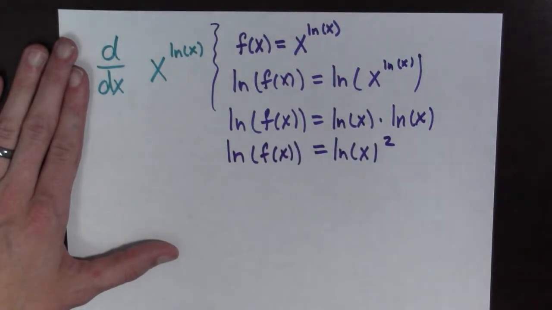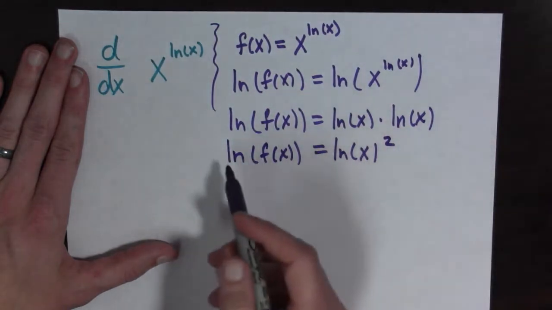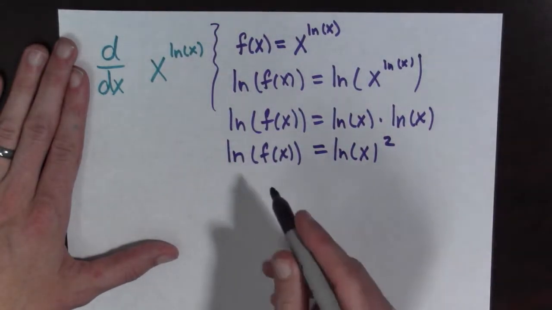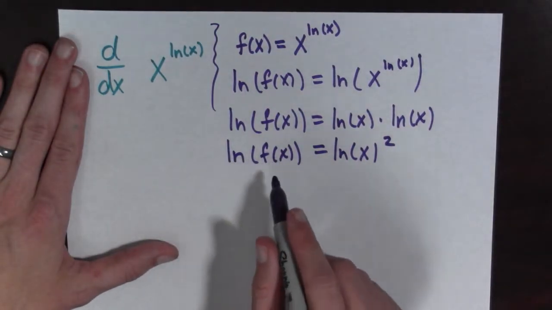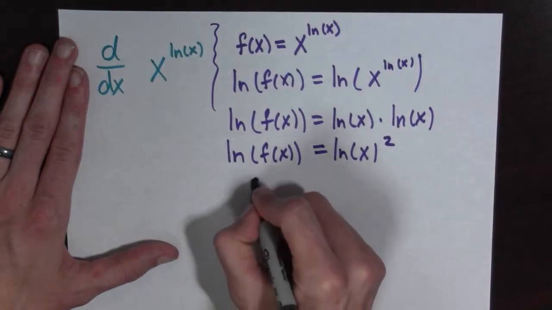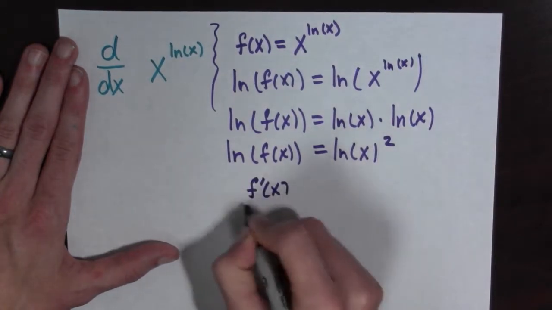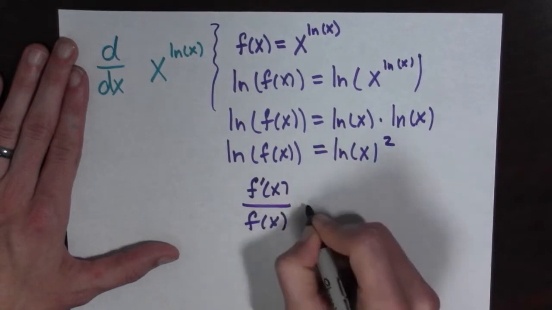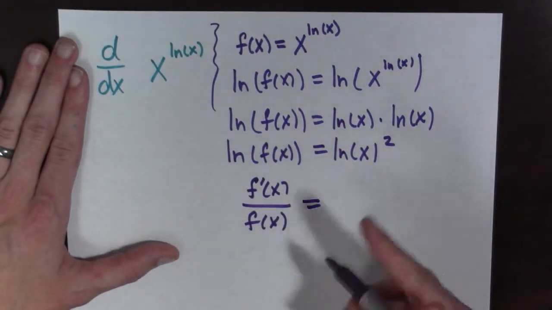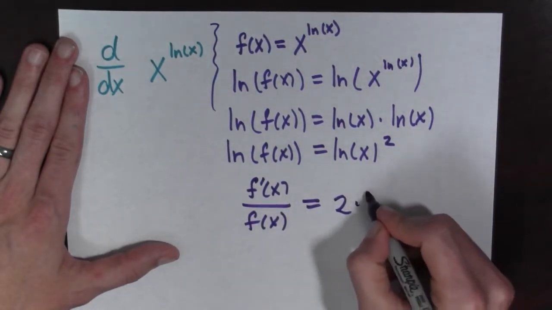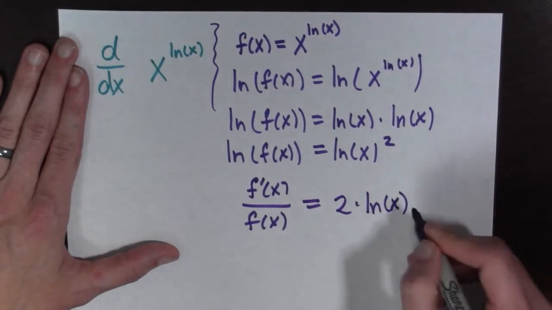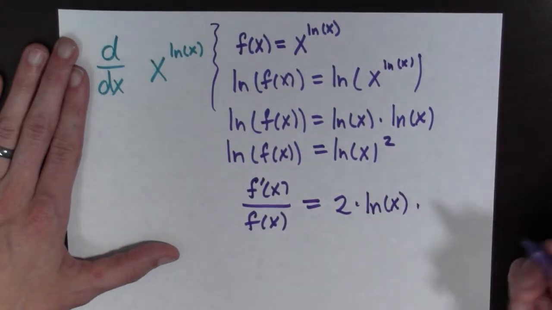Okay, cool. Now I'm going to take the derivative of both sides. And if you recall the chain rule and facts about log, when you take the derivative of natural log of f of x, you're going to have f prime of x all over f of x. And if I take the derivative of the right-hand side, it's going to be 2 times natural log of x times, well, what's the derivative of natural log of x?